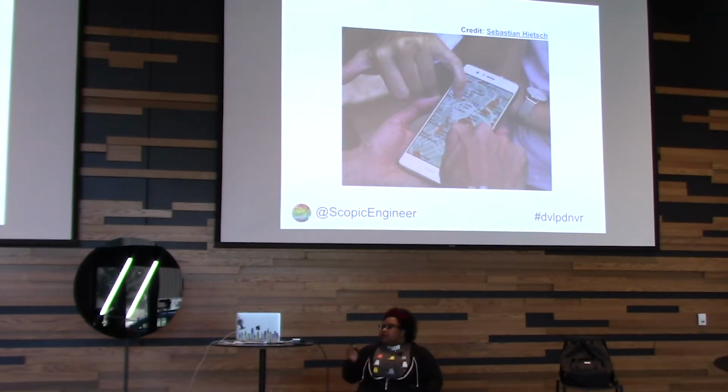So this on the screen is a picture of a map on the phone, and if you have used any sort of map application, like Google Maps on your phone, you know that you can pinch to zoom, and you use gestures on the screen to move the map around.